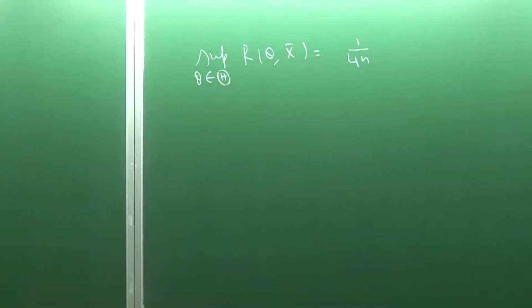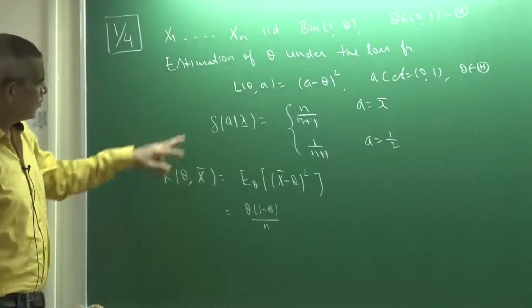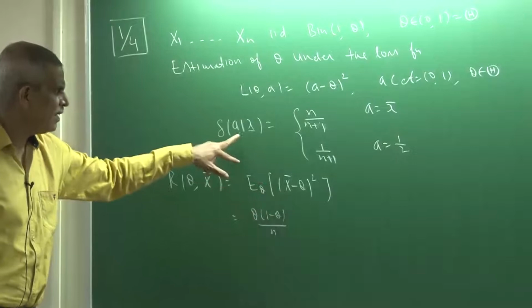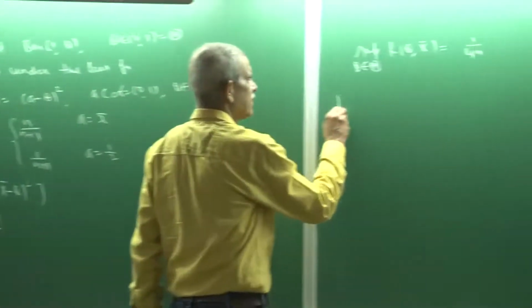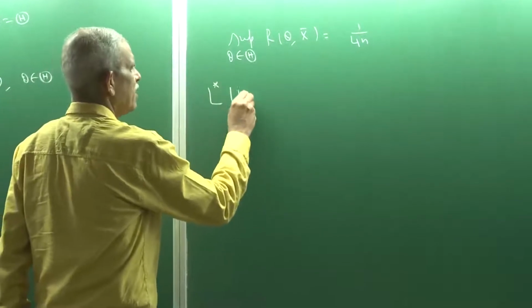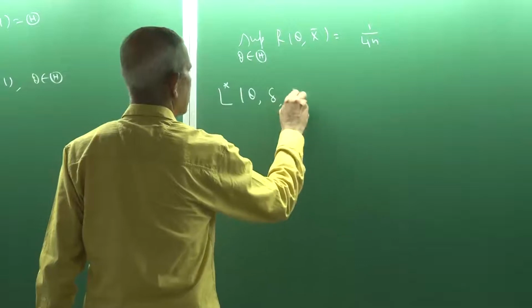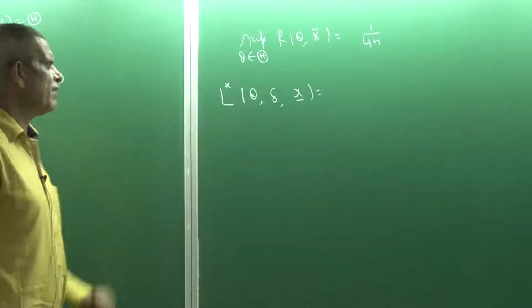Now I'll find out the supremum risk of this randomized estimator. Note that here, before taking the expected value of (x bar minus theta), there is a randomization involved. So I look at the first randomization, which is L star(theta, delta, x). That means after observing x, the randomization.